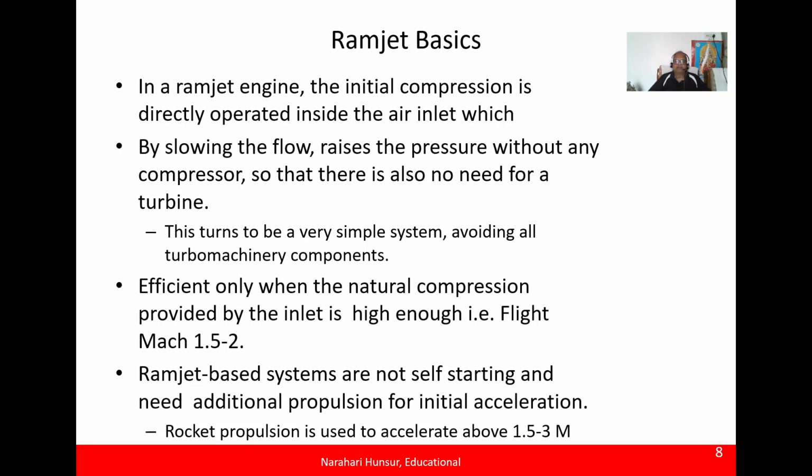It is efficient only when the natural compression provided by the inlet is high enough, typically Mach number 1.5 and above. Ramjet systems are not self-starting, so they need an additional propulsion for acceleration. Rocket propulsion is usually used to accelerate them up to about Mach 1.5, then the ramjet can take over. This is the kind of propulsion system used in the BrahMos missile.